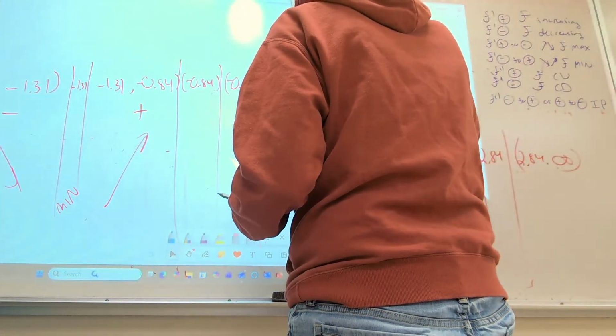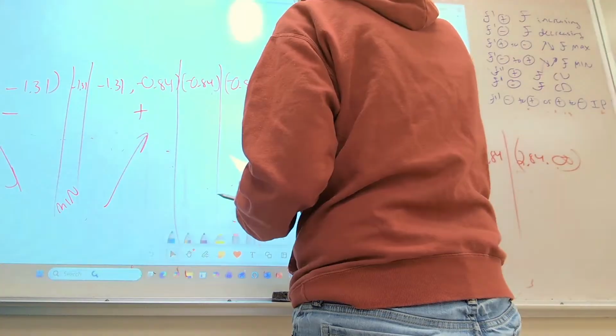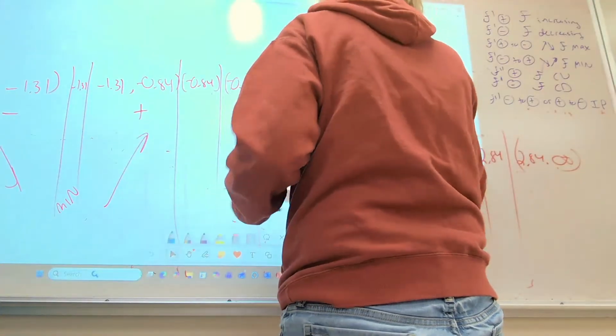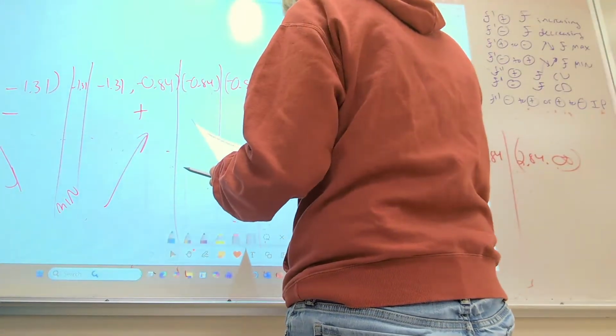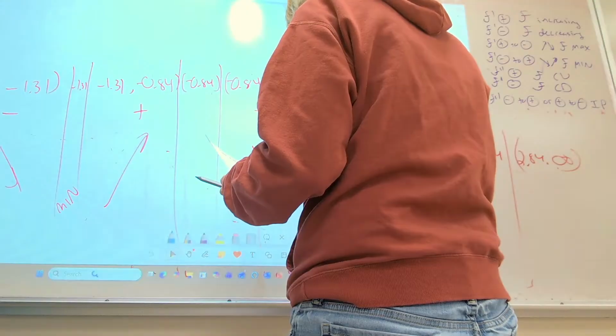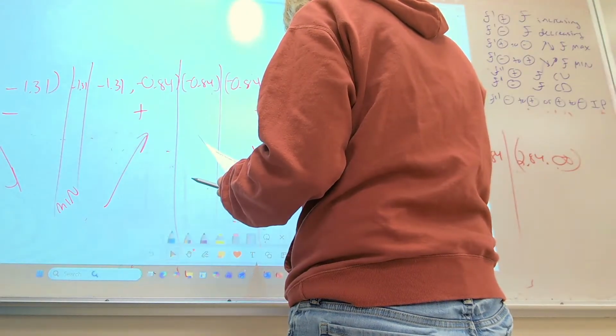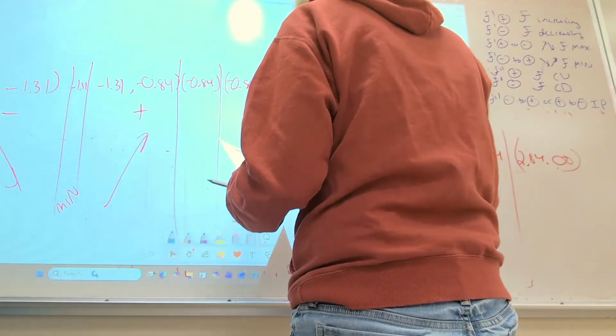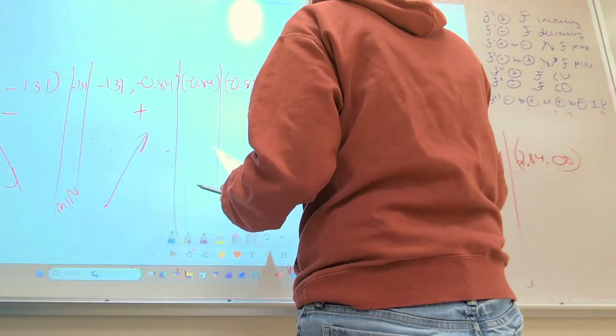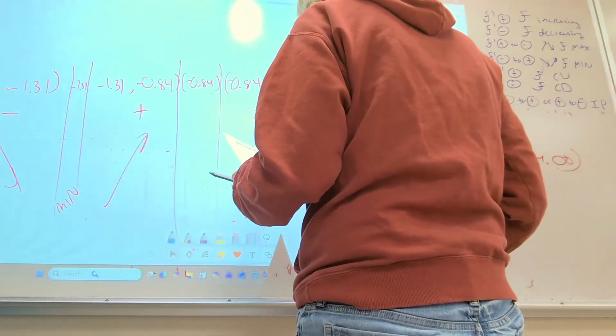So you should get 2.5. So it's positive, therefore increasing. Then we go to 2.5.